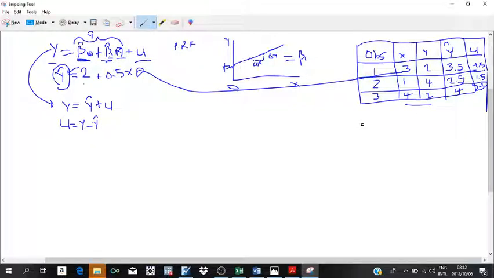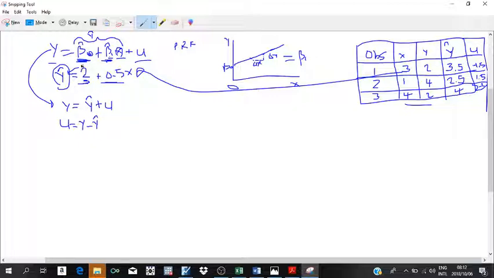Now that we know these basic things, we need to solve the formulas which enable us to get 2 and 0.5. Remember, 2 and 0.5 are just random numbers that we picked for illustration purposes.